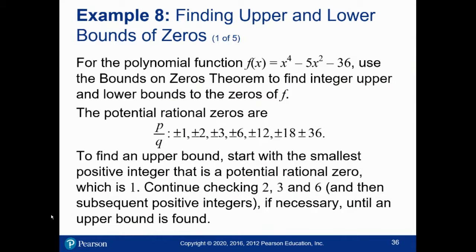Let's start with a small possibility. What we're trying to do is say none of the roots are past this point or this one. I'm trying to find all roots trapped to be less than some positive number and bigger than some negative number.